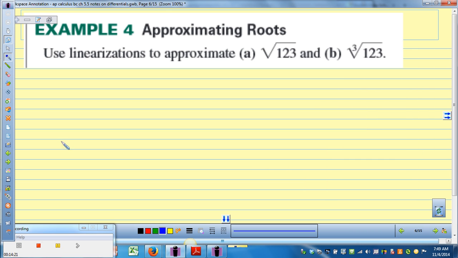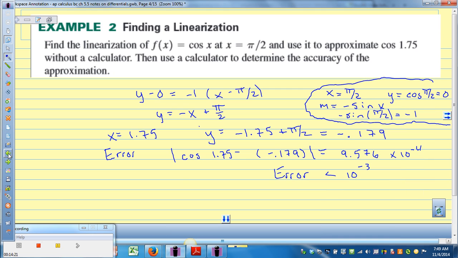Wait, I got one question. Oh, yes, sir. Back on that one? Yes. So, when we were calculating negative 1.75 plus pi half equals, don't I have to do that without a calculator? On this, you would have a calculator for that. You would? Yes, you would.